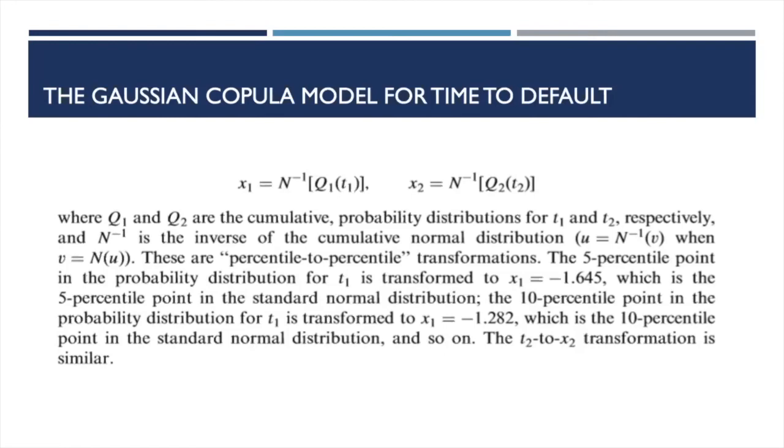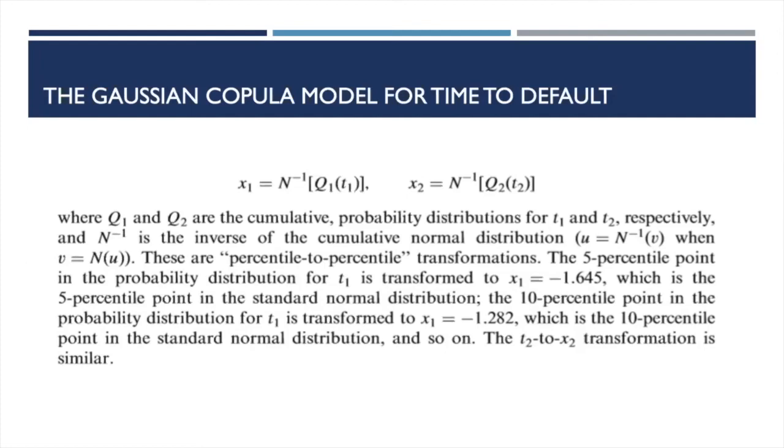We can see the formula in the presentation, where Q1 and Q2 are the cumulative probability distributions for T1 and T2 respectively, and N^-1 is the inverse of the cumulative normal distribution. By construction, x1 and x2 have normal distributions with means 0 and unit standard deviation.